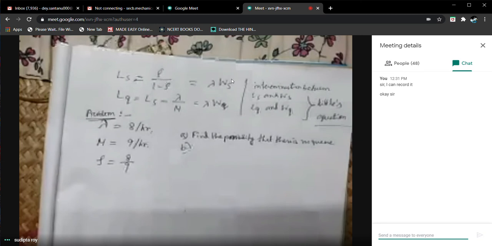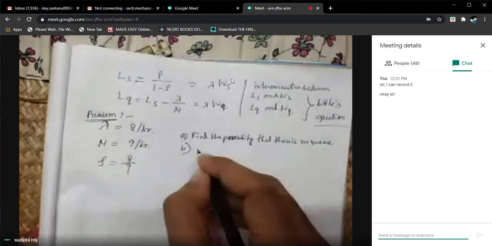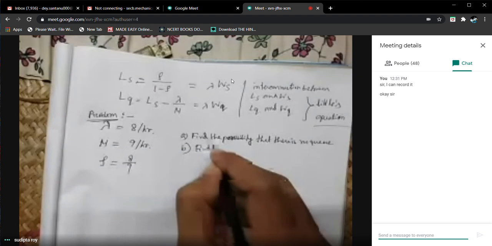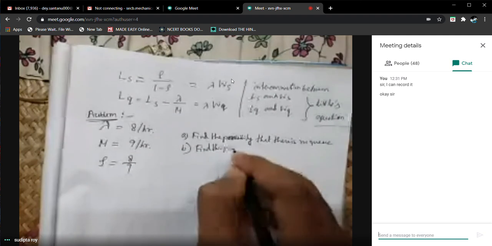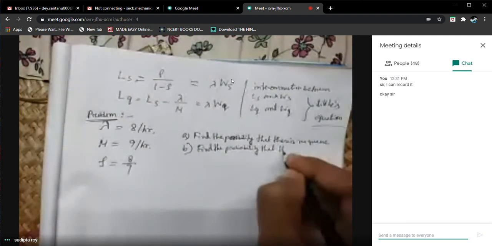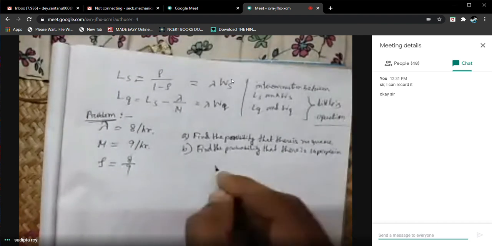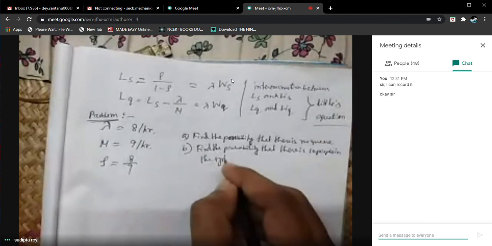I'll write out the questions for you. Question A: find the possibility that there is no queue. Question B: find the probability that there are 10 people in the system.